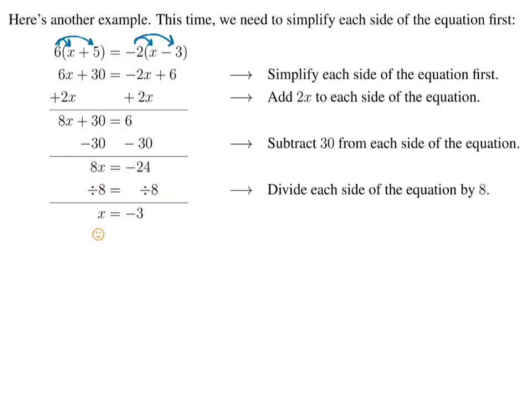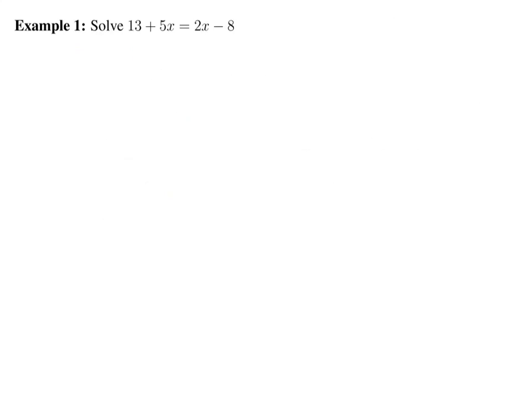Okay. Now, how about for some examples that aren't done for you yet on the paper? Here we go. First order of business. We have to solve 13 plus 5x equals 2x minus 8. If you look at that, each side is already simplified, so we can just go ahead and move the 2x off of the right side. Goodbye 2x.